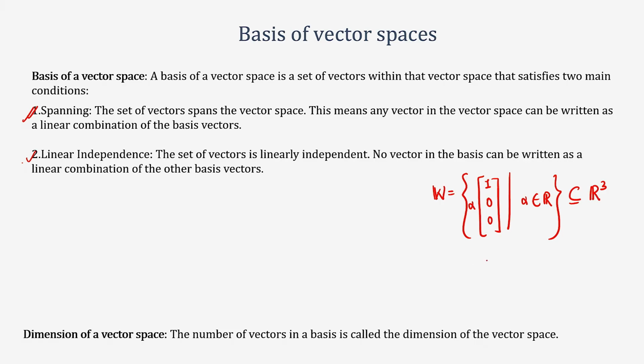Yes, you can. The basis vector will be (1, 0, 0), and you can see that the span of (1, 0, 0) is W. Any vector in W can now be written as a linear combination of (1, 0, 0). You can even take something like (100, 0, 0), and the span of (100, 0, 0) is also okay. So, (100, 0, 0) is also a basis vector.